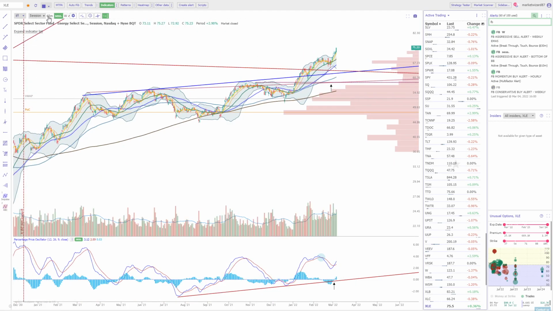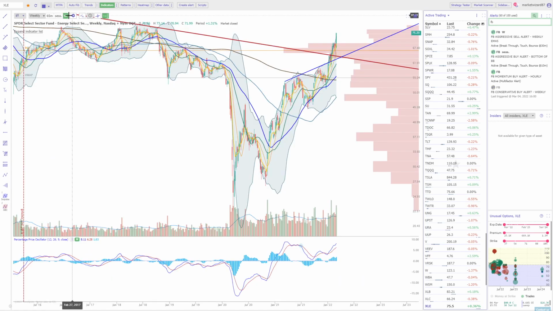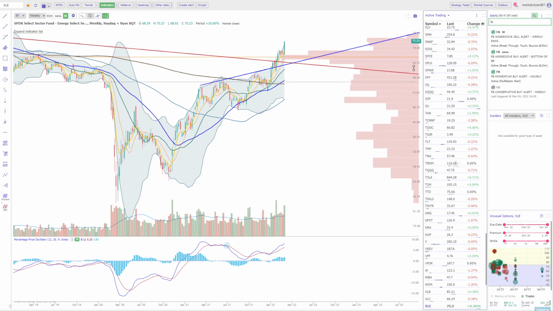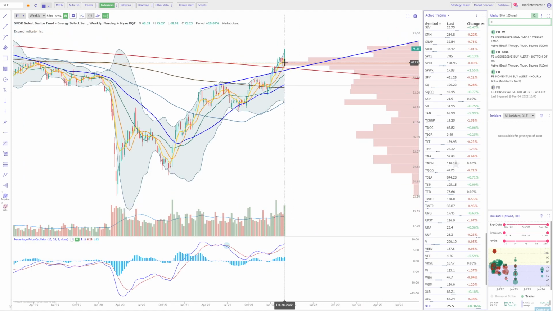And all of these things have so much left in the tank from what I can tell. Right? So like any dip into $68 on XLE is a buy. It's at 75. So it can drop 10% and it still be a strong buy.